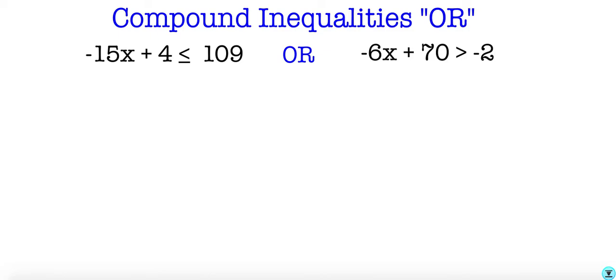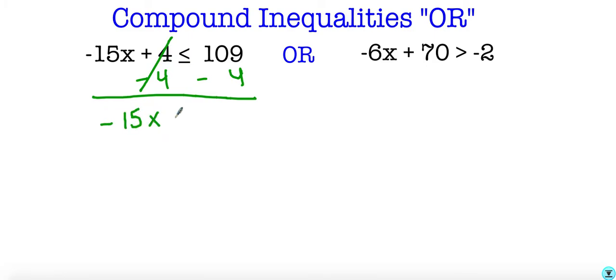Here we have another example. -15x plus 4 is less than or equal to 109, or -6x plus 70 is greater than -2. So again, isolate our x, subtract 4 on both sides. This cancels out. -15x is less than or equal to 105.